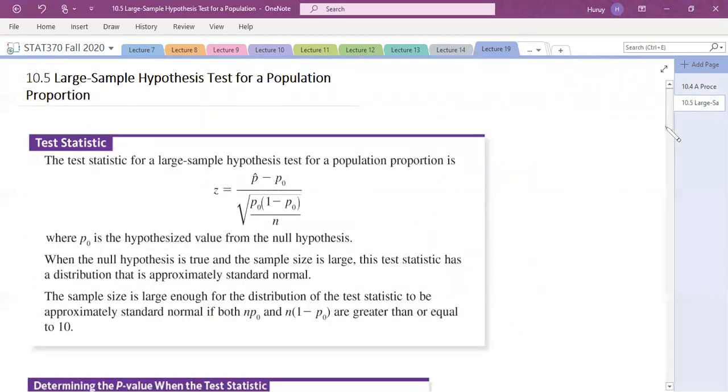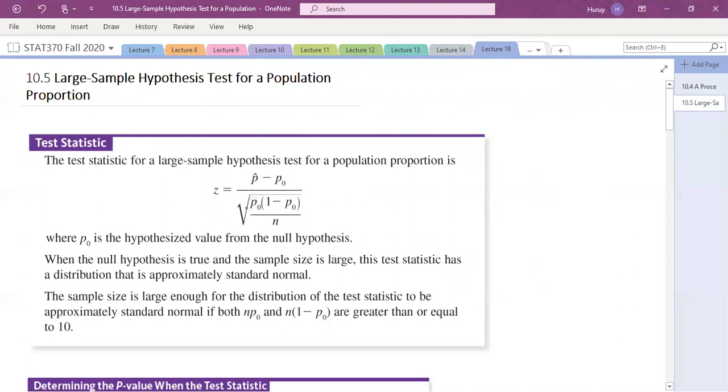Now let's follow all those steps and look at some examples. But before that, let's see what the test statistic looks like and how we can find the p-value. So the test statistic for a large sample hypothesis test for a population proportion is given by this value.